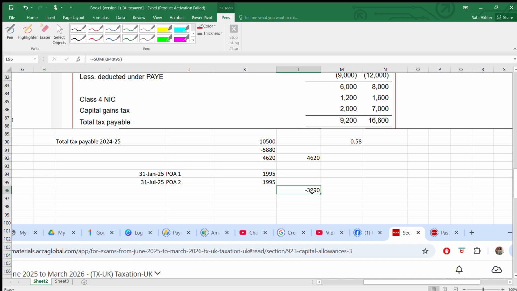So this is what you have paid, and this is the total tax payable. Now you deduct. Just do the sum function. So your balancing payment is 630. This is due on 31st Jan 2026.